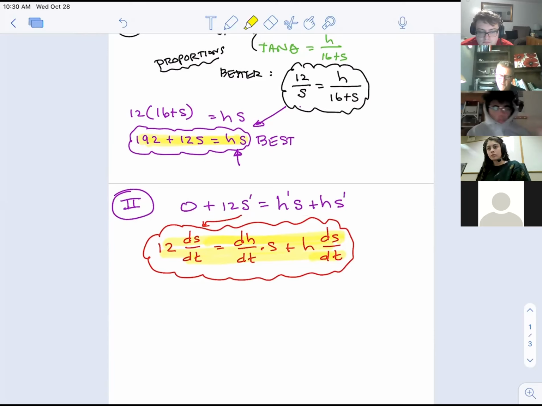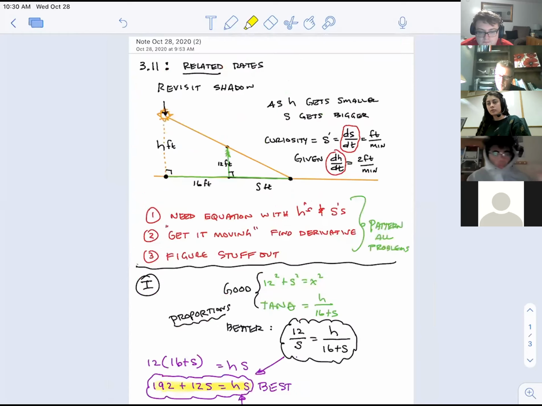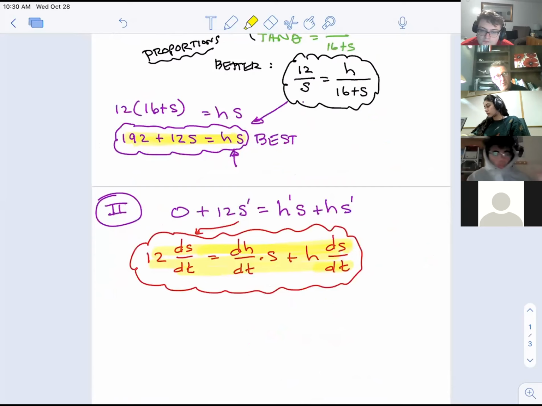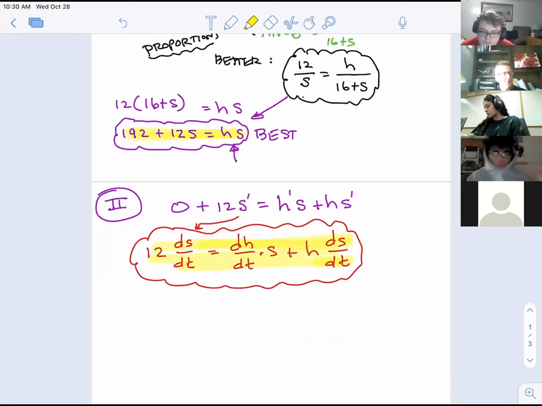And we do know dh dt. That was given in the problem because we were told the sun was setting at 2 feet per minute. And that's what we're interested in, is how is that rate related to a different rate? Does it make sense we now have an equation that relates those 2 rates? That's what's cool. And it came from an equation that related those 2 lengths, not rates, but lengths.